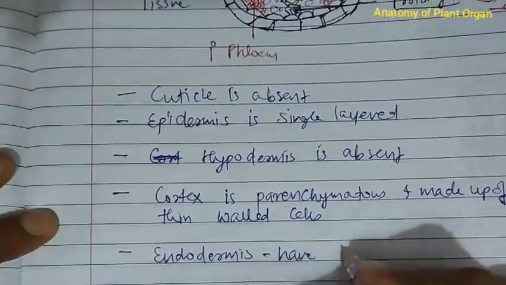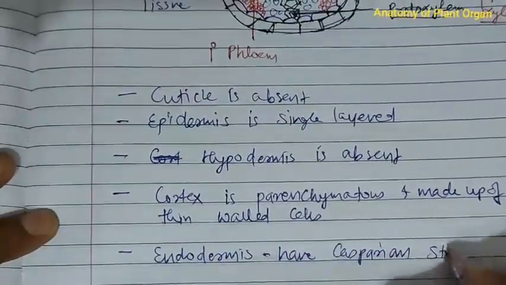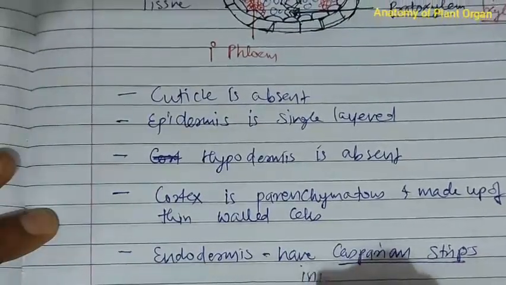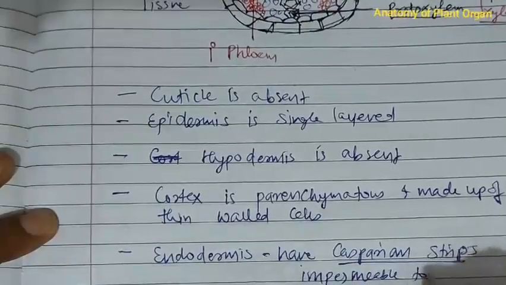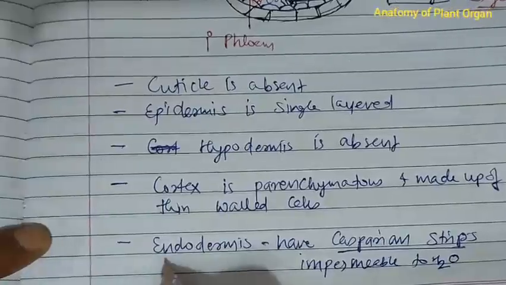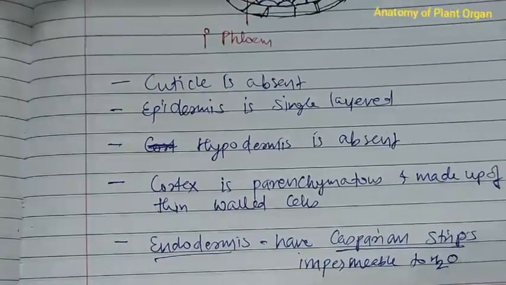Endodermis has Casparian strips, and these Casparian strips are impermeable to water. This endodermis is present. Now inner to endodermis we find a pericycle.